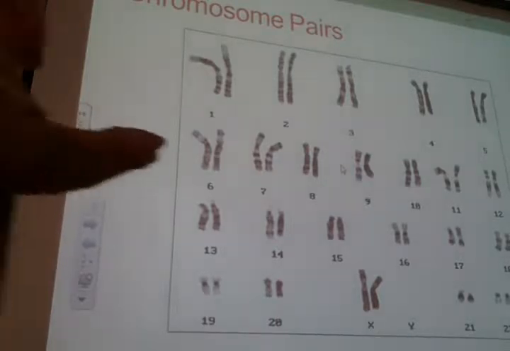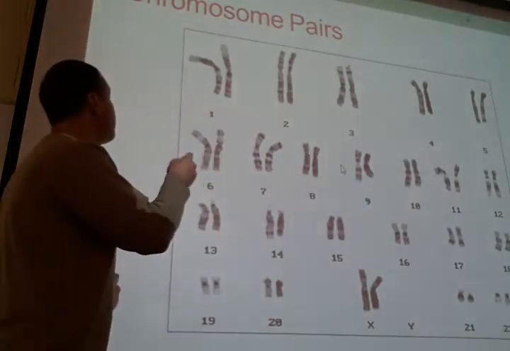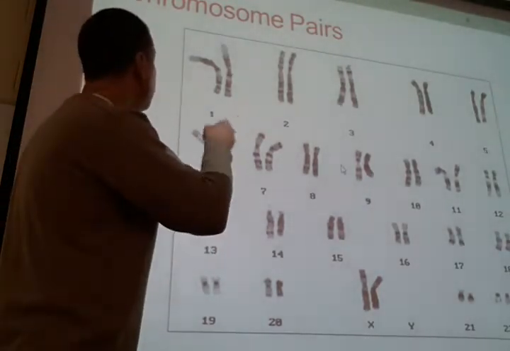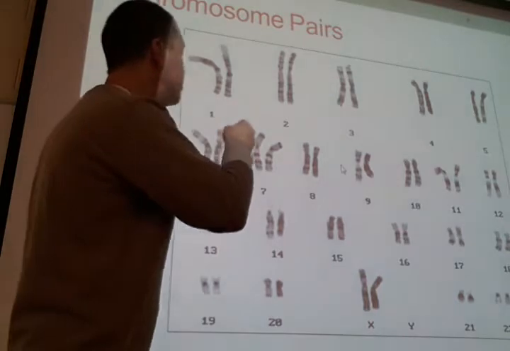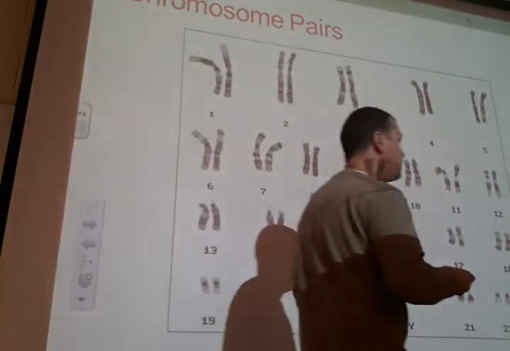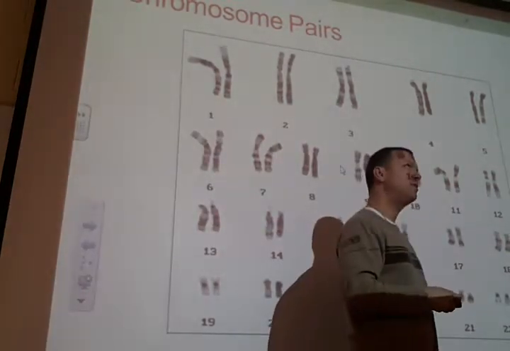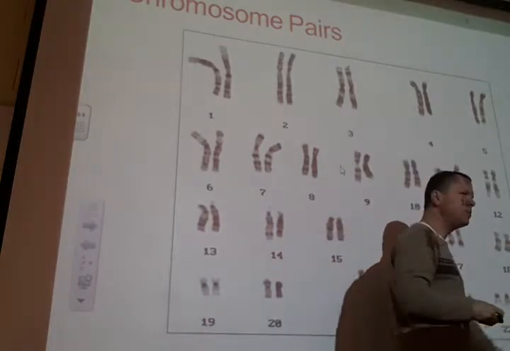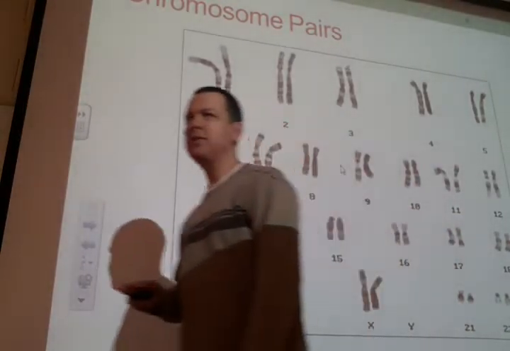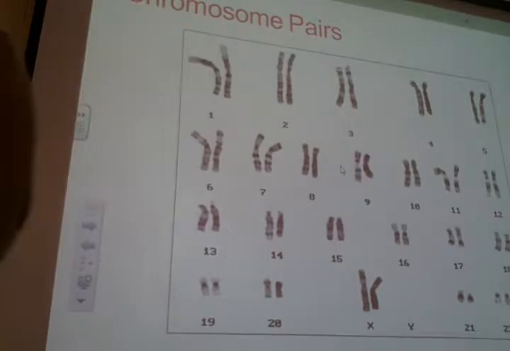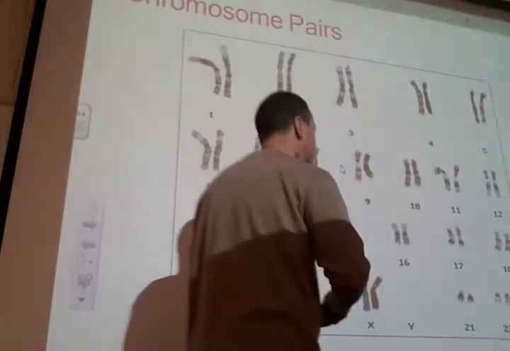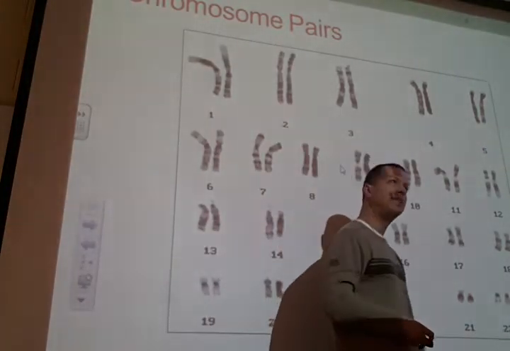And these are organized, as you might already know, from largest to smallest. So chromosome number 1 is the largest chromosome, and up until, well, by now, probably close to 10 years ago, we thought chromosome 22 was the smallest, but now that we have all of them sequenced completely through the Human Genome Project, we discovered a little hiccup in this.